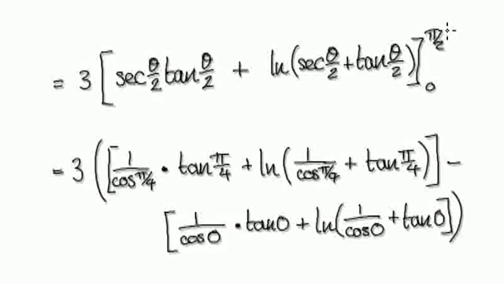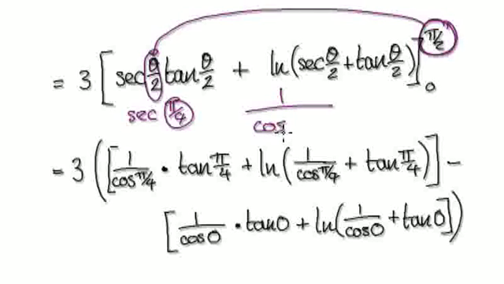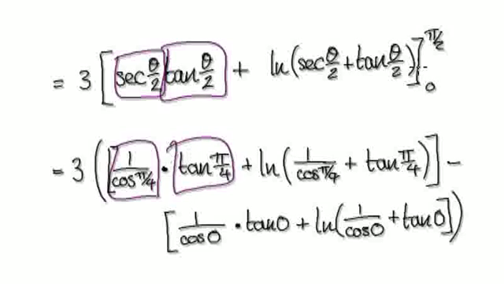Okay, so now we can put this into here. So when you have pi over 2 divided by 2, that will then give you secant pi over 4. But I'm going to visualize secant as 1 over cos pi over 4. So visualize this block here as this, and then this block here as this, because you put this into here.